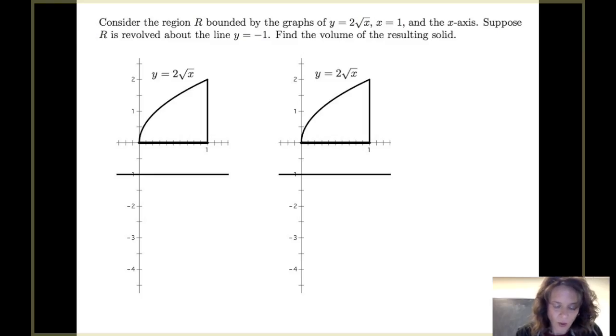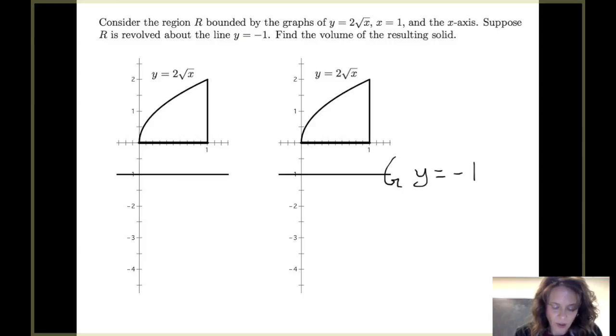So here, I'm going to consider where each piece of the region R goes when we revolve it about the line y equals -1. So the first thing I'm going to do is take the piece along the x-axis.